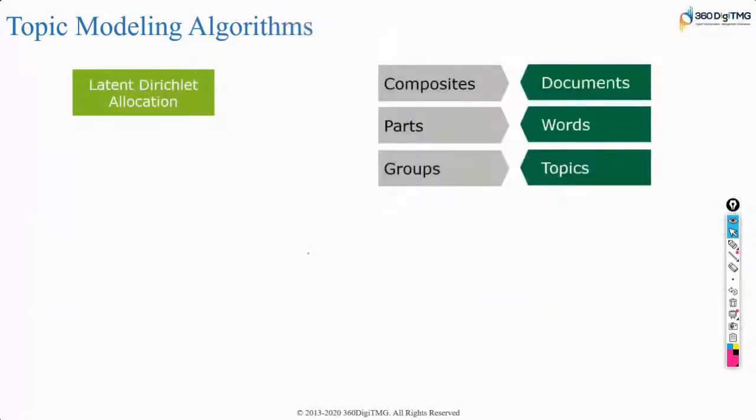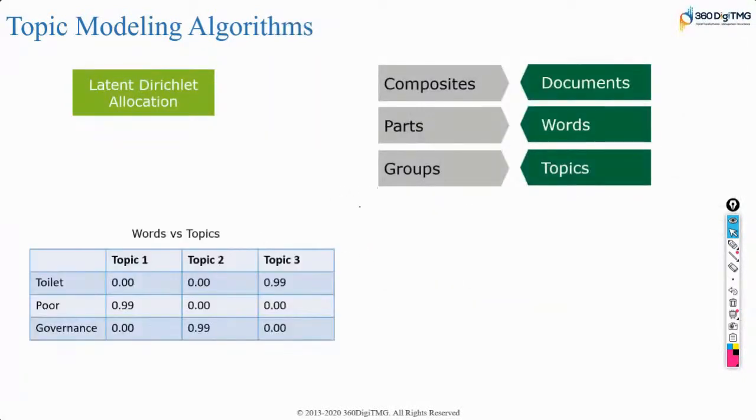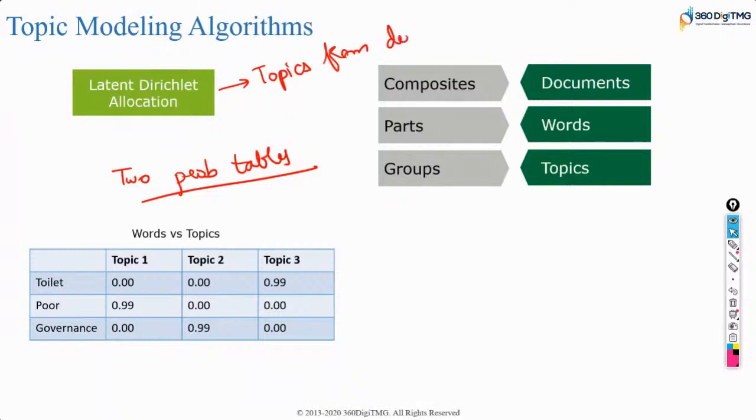And LDA maintains 2 probability tables. To extract topics from your documents, LDA will calculate 2 probability tables.